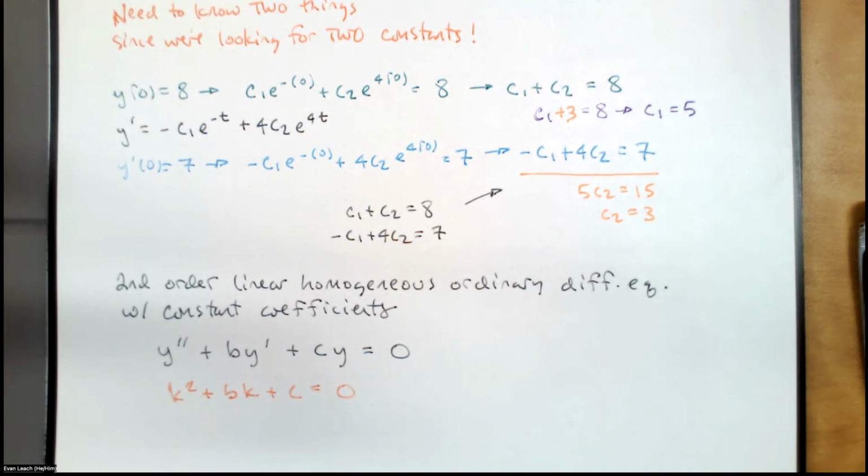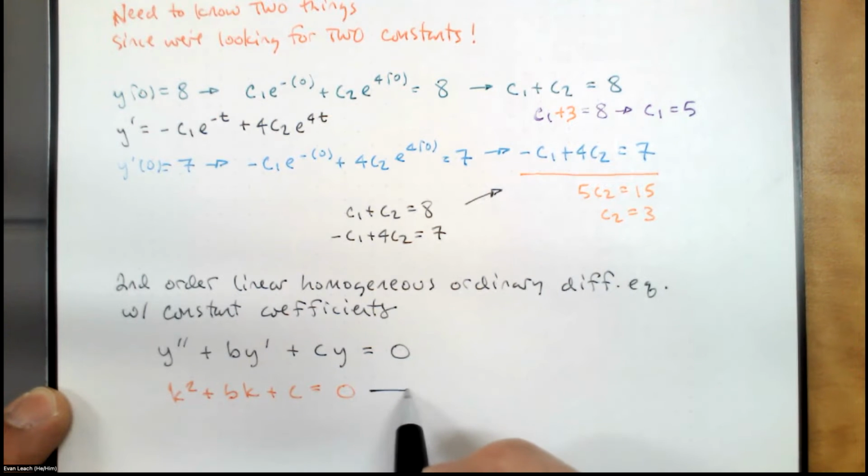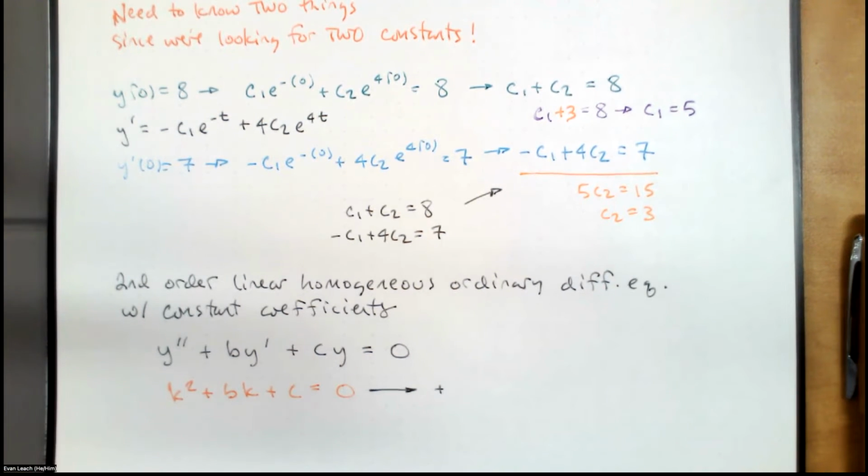Since it's quadratic, it has to have two solutions. And there were three things that could happen. I spelled one wrong. That's not good.